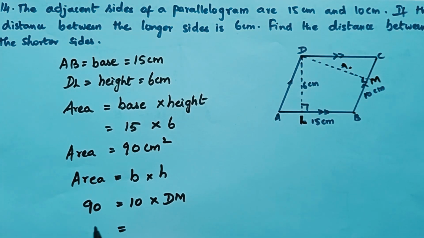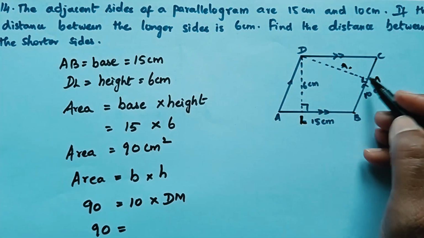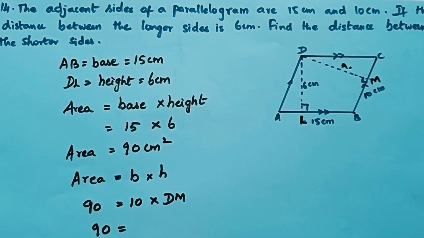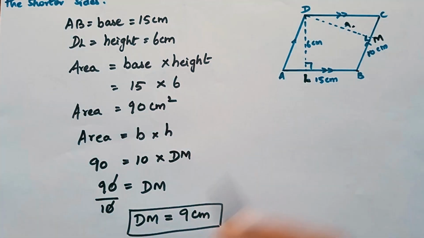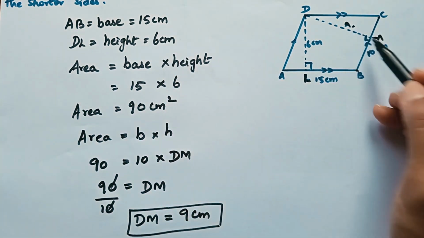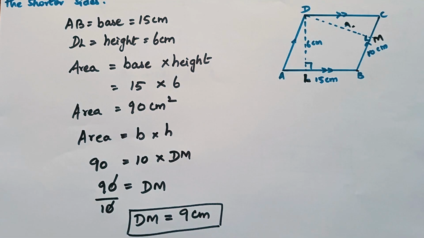From this we can find the length of DM. 90 divided by 10 is equal to DM. Cancel out the 0s, and you will get DM equal to 9 cm. So the distance between the shorter sides, that is DM, is equal to 9 cm.